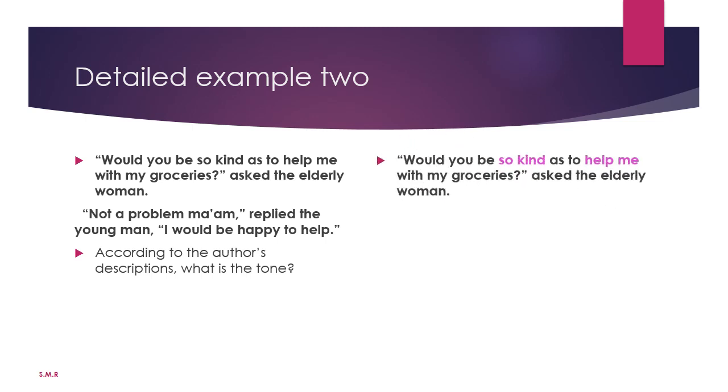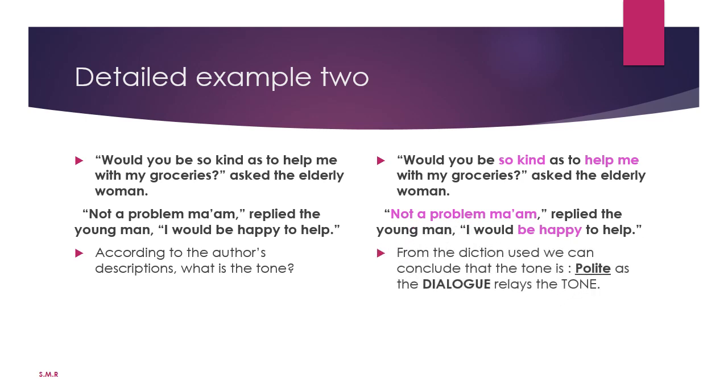Let's observe she has used the words so kind and help me, and the man said no problem, ma'am, and happy. All these are positive words. Not only positive, they are polite. So in this one, the tone is polite, as the dialogue relays the tone. As you can see, he is replying in which manner? Politely. He's so kind in his answer.